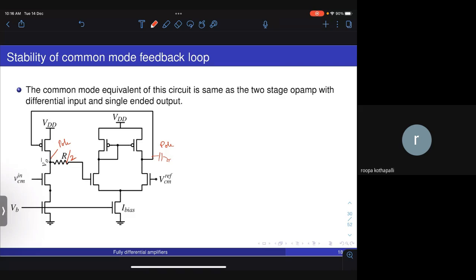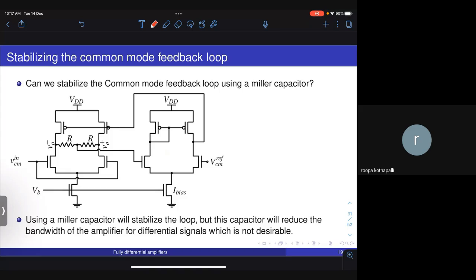So how can we stabilize this loop? We can use any of the techniques that we discussed yesterday. We can stabilize this loop, for example, by using a Miller capacitor. But how will you put the Miller capacitor? In this case, this is the complete diagram. What we had done yesterday, if you recall, we had a stage 1 with a differential input and stage 2, and we put a Miller capacitor between the output and the input of the second stage.